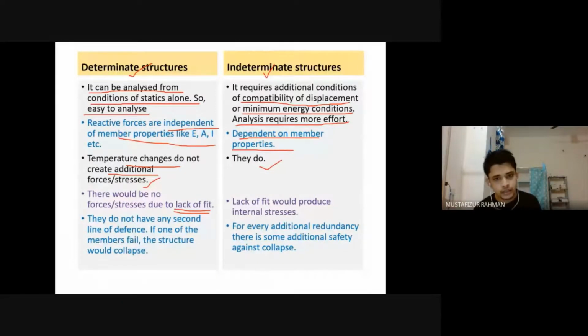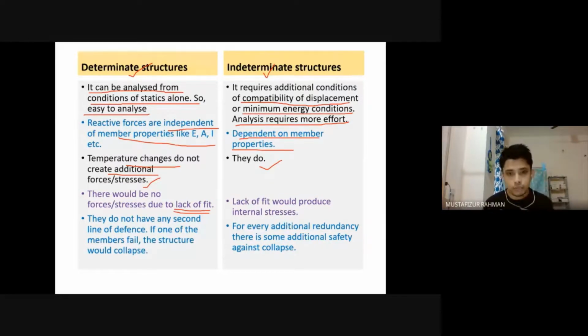What is lack of fit? Lack of fit, just like the name is saying, means some members are smaller than they should be, and some members may be slightly bigger than they should be. So that is a problem of fit. Okay, it is not properly fit in the structural system. The member which is slightly bigger, maybe we have to apply an additional force to fit it into the structural system, obviously, and that will create an additional stress.